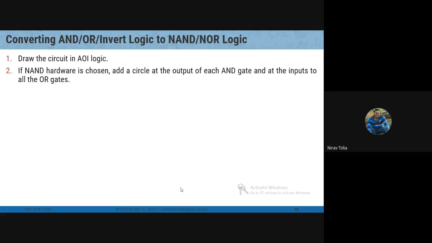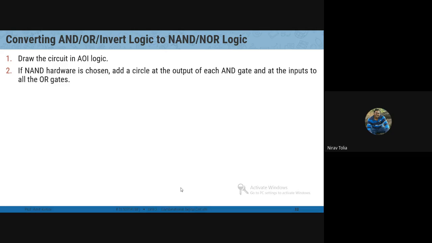From that equation, you have to draw the AOI logic by using AND gate, OR gate, and invert gate. Then you have to select whether to implement that AOI logic into NAND logic or into NOR logic. So you have two options, either NAND logic or NOR logic.